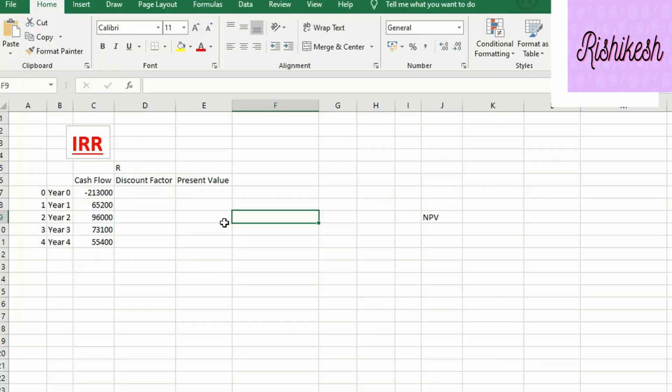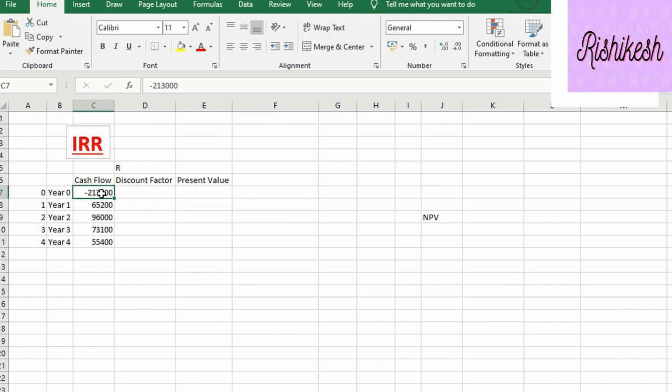So guys, let us take an example to understand how do we calculate IRR. As we know from the basic definition of IRR, it's the discount rate at which the NPV becomes zero, right?